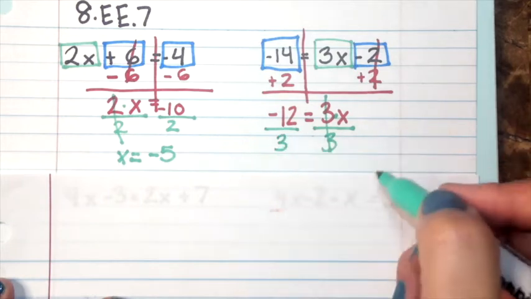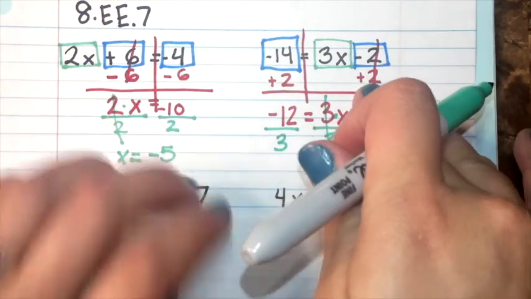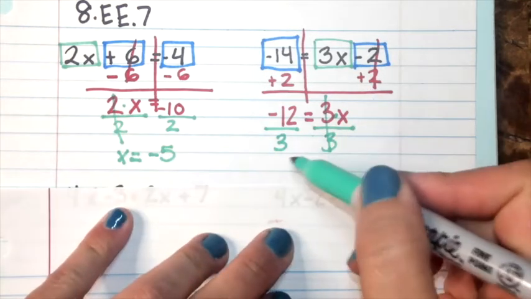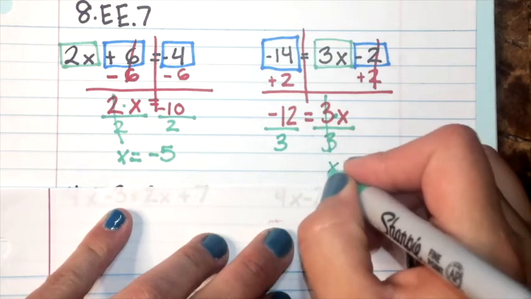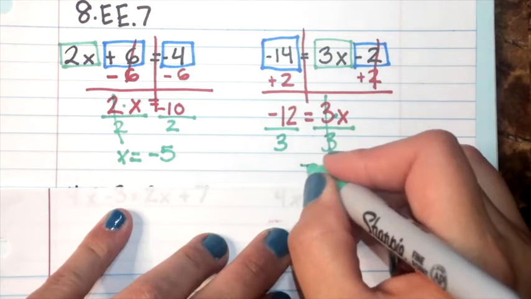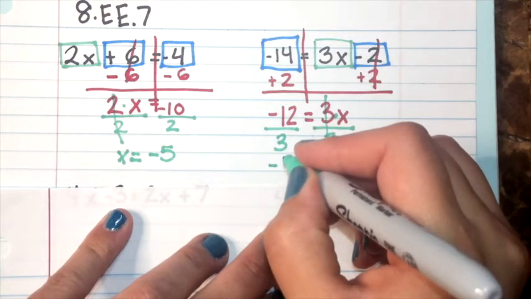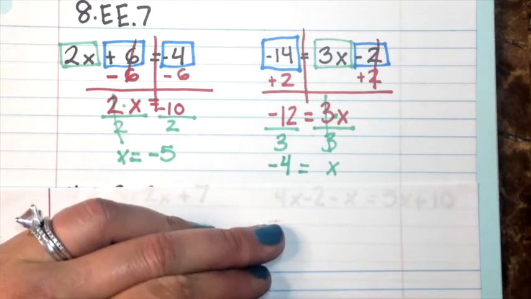Again, divide by 3 on this side. Negative 12 divided by 3 is what? Well, think about what you can times 3 by to get negative 12. Well, x is equal to negative 4. Okay, so far so good.